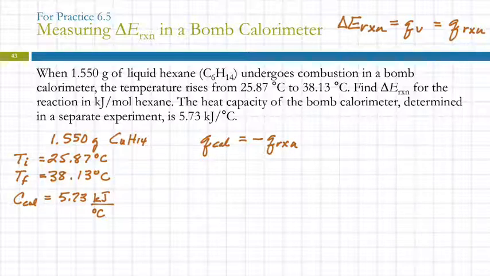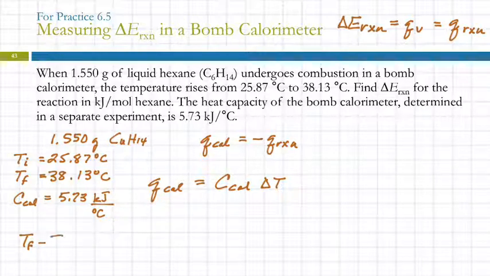So we need to find Q cal. Q cal equals C cal delta T. C cal here is the mass and the specific heat capacity together in one thing. Well, what's the change in temperature? It's the final minus the initial, right? 38.13 minus 25.87.